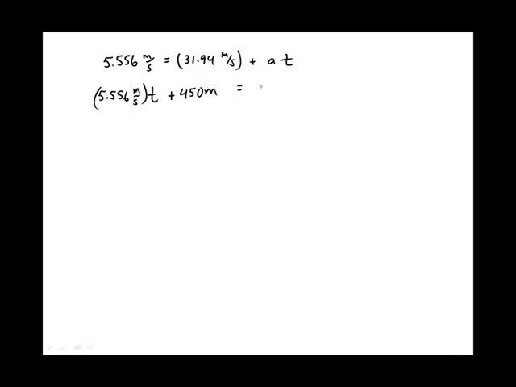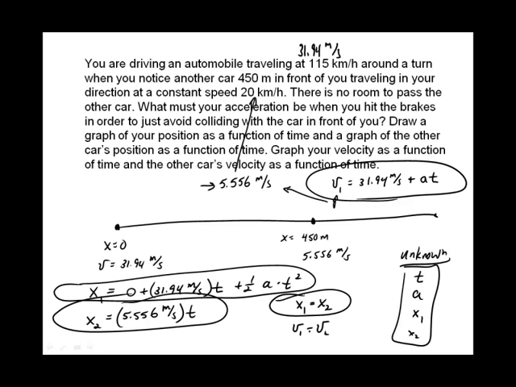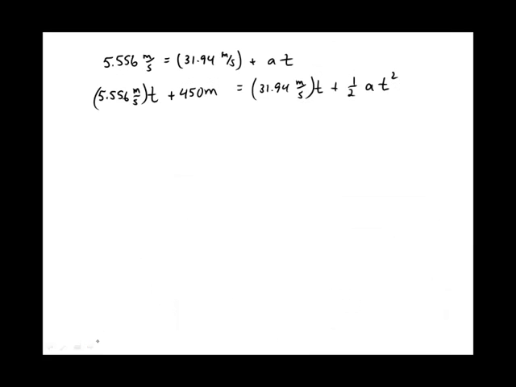And that's going to equal 31.94 meters per second t plus 1/2 the acceleration times time squared. And so if you look at these 2 equations, are basically this equation substituting in those values and this equation utilizing the 5.556 already. So I reduced it to 2 equations and 2 unknowns.